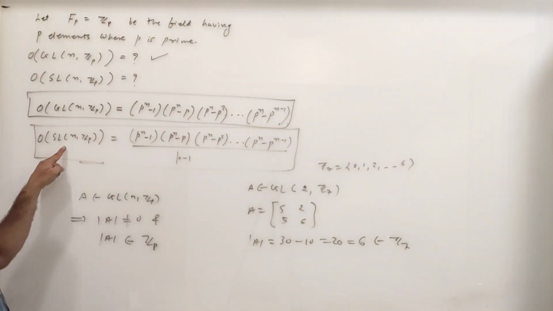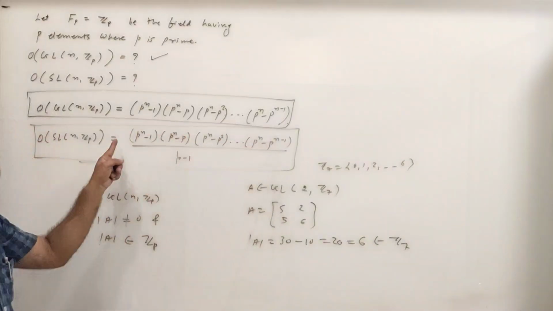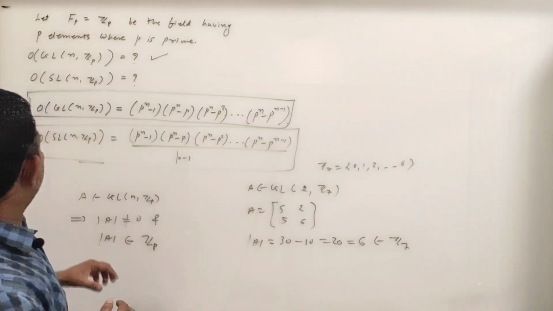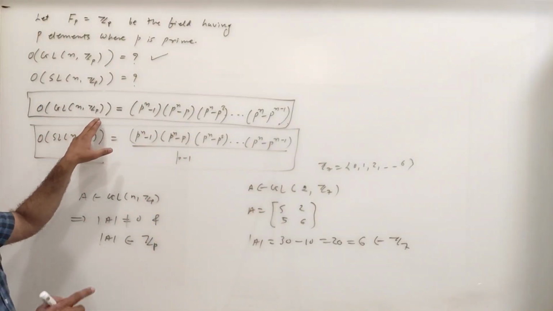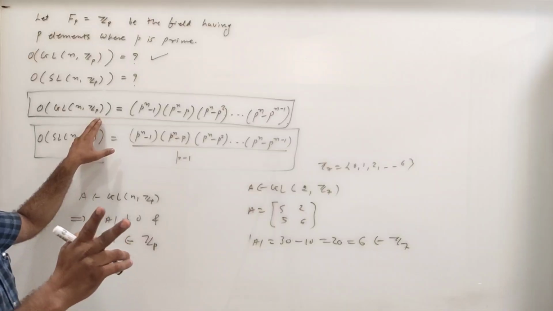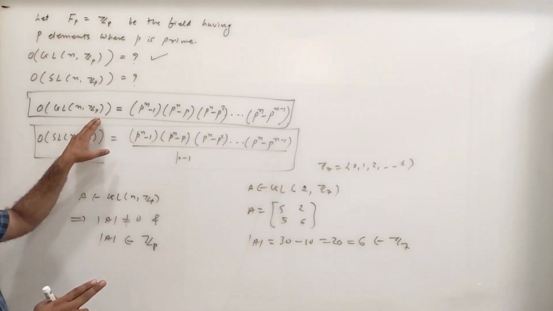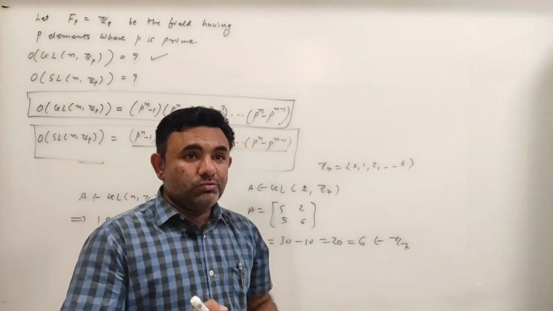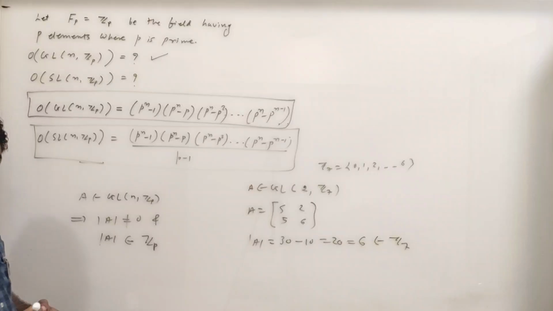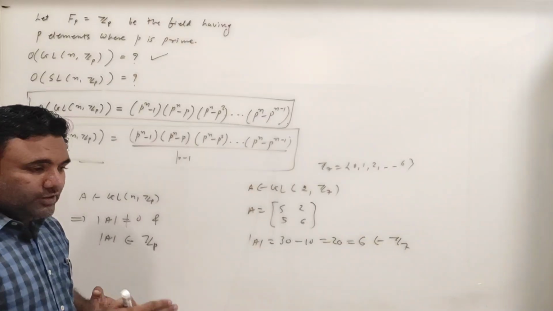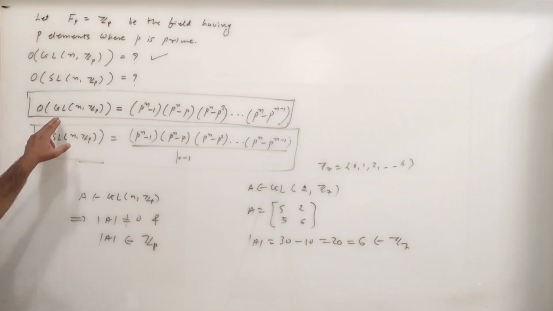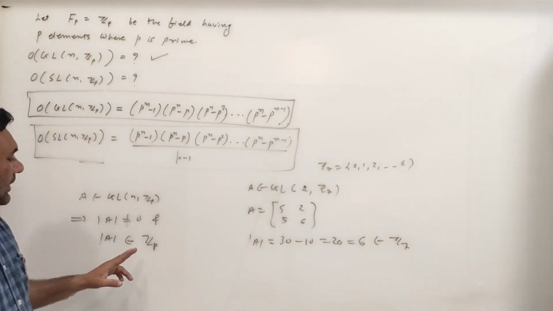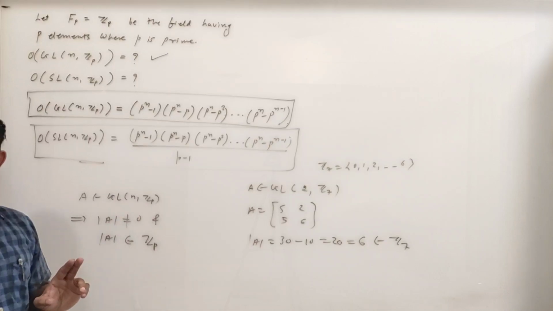Now the number of matrices whose determinant is 1, that is this quantity. So now we can ask the same question: how many matrices in GL(n, Zp) whose determinant is 2? How many matrices whose determinant is 3? How many matrices whose determinant is 4? So in general, how many matrices in GL(n, Zp) whose determinant is r, where r belongs to Up.